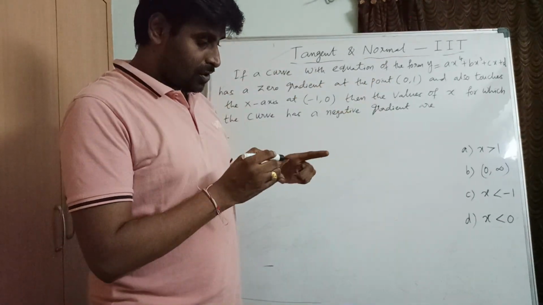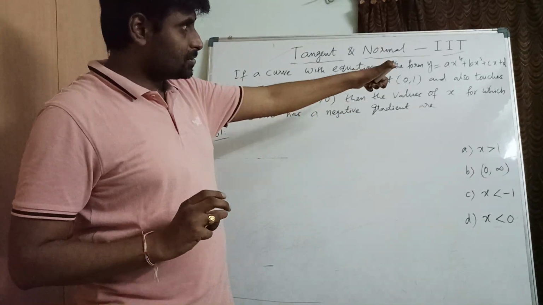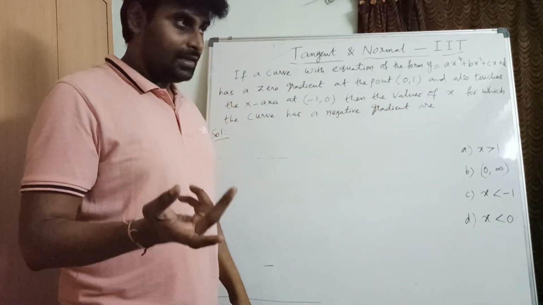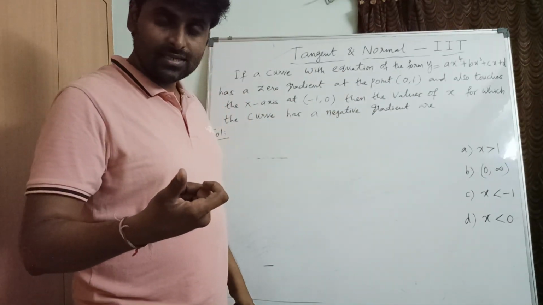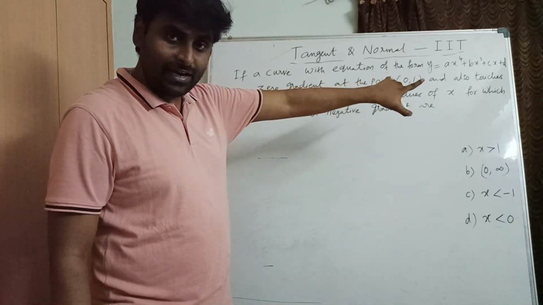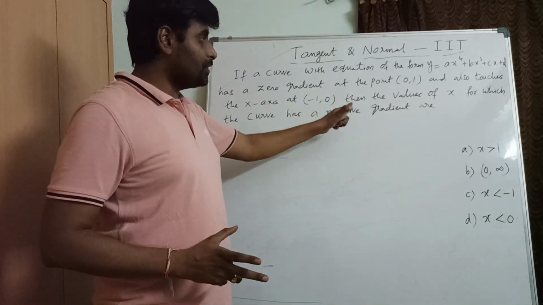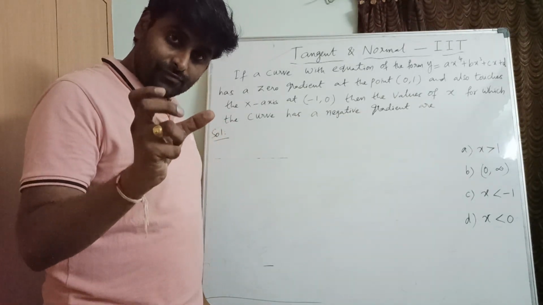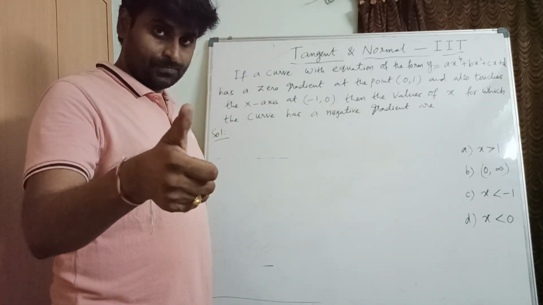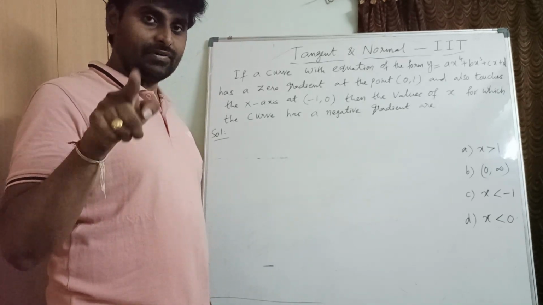So can I substitute 0 comma 1 in the curve? We'll get some relation among a, b, c or d. Let us make this function original first. Finally, after getting the a, b, c, d values and the function, we are going to find where that function has a negative slope, where dy by dx is less than 0.